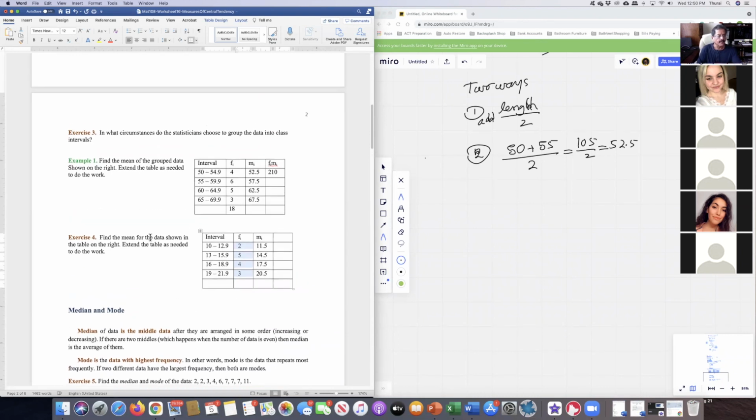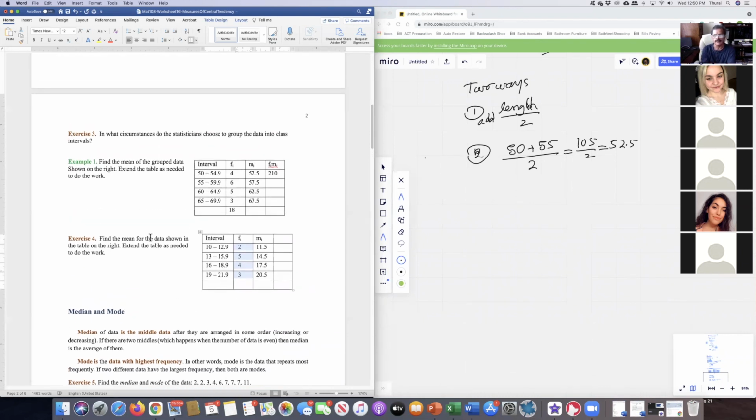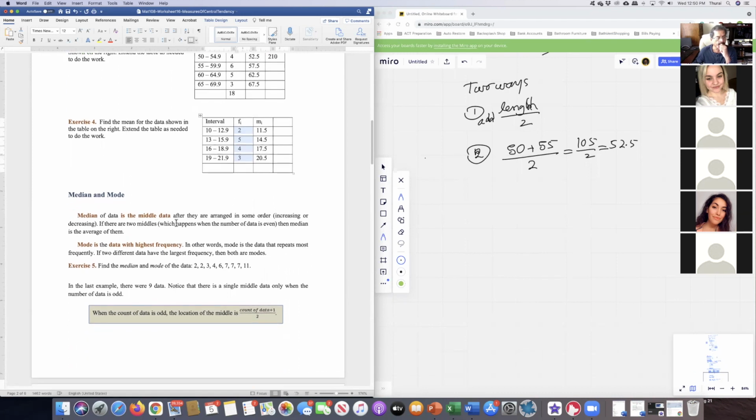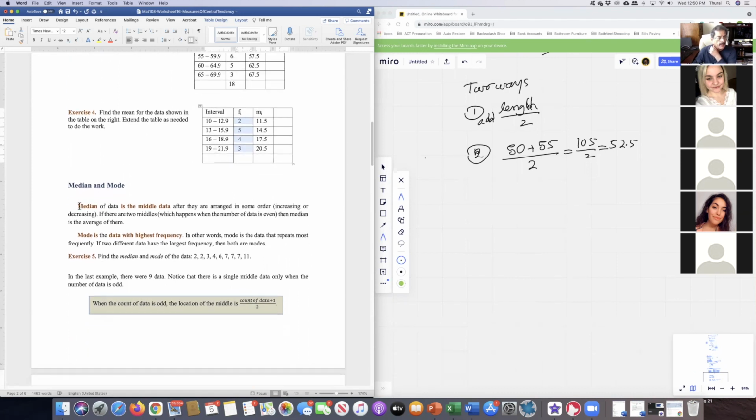So the mean is one of the measures of the center. The mean usually comes to the center, the same as the center of the entire data. But there are other measures of the center also. There are median and mode. So let's understand those. The median of the data is the middle of the data after you arrange them in some order.